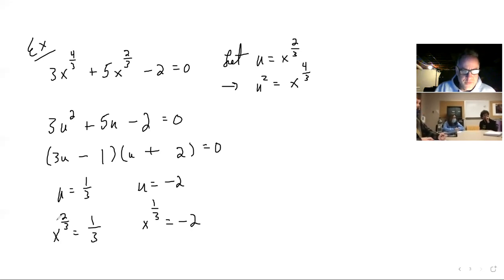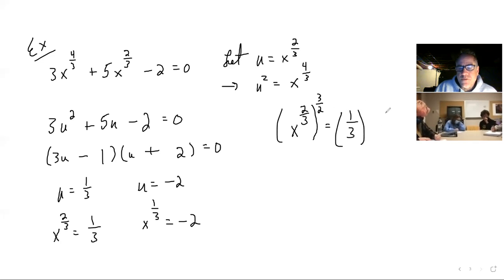Or another way to think of it is, I'm going to go over here, right? To undo a power, that is when I multiply by the reciprocals. So go 3/2. And what I do to one side, I need to do to the other.